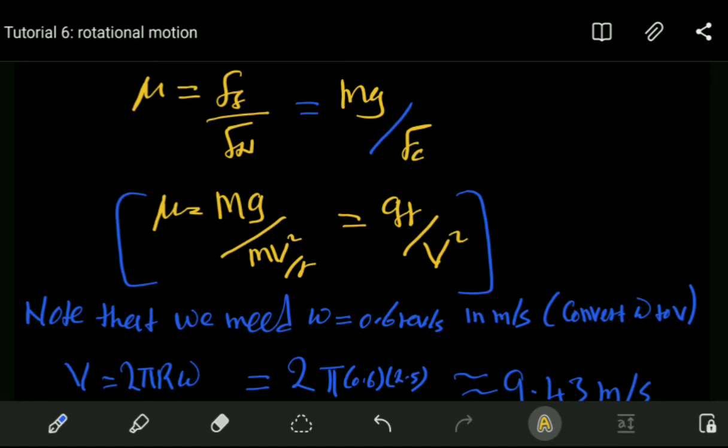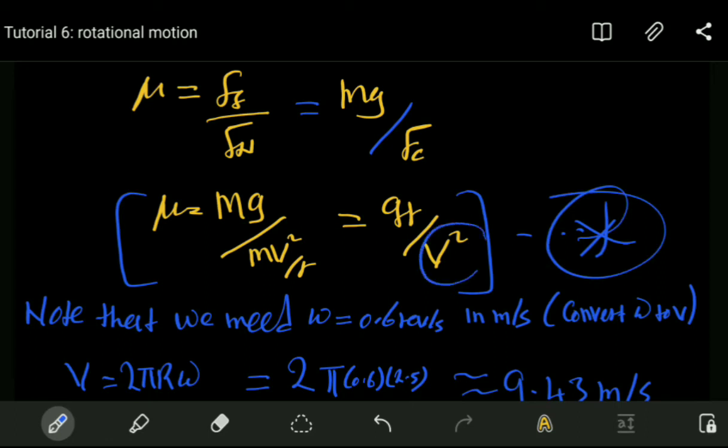So now we know that mu equals gr over v squared, but the speed that we are given here is in terms of the angular speed. Therefore the speed we are given in the question must be converted to tangential speed, which is v, the one we have in this equation.